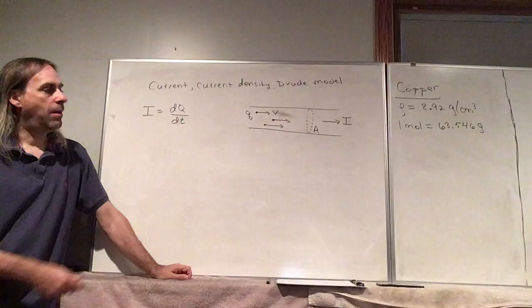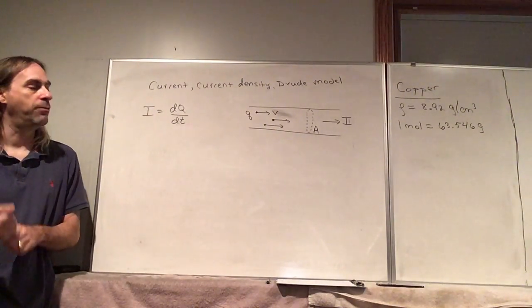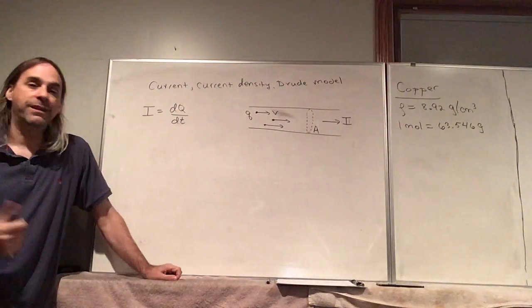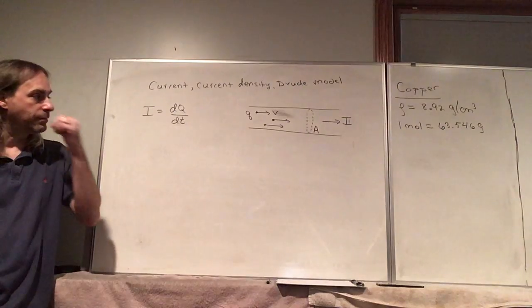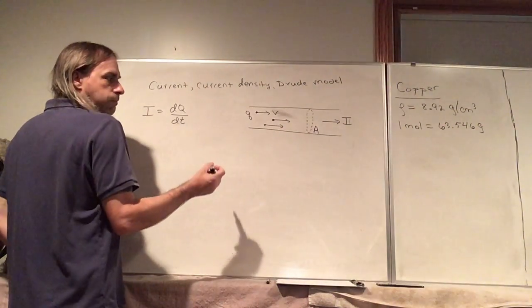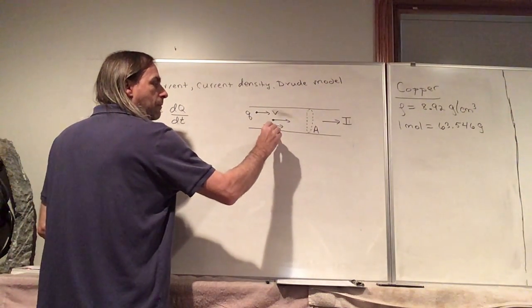And let's just pick some time interval delta t. It could be a finite time interval. Doesn't even matter in this case because everything's moving with the same constant velocity.